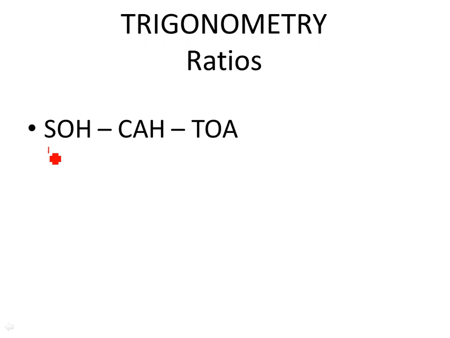S stands for sine. The C stands for cosine. The T stands for tangent. Those are your three trig ratios.